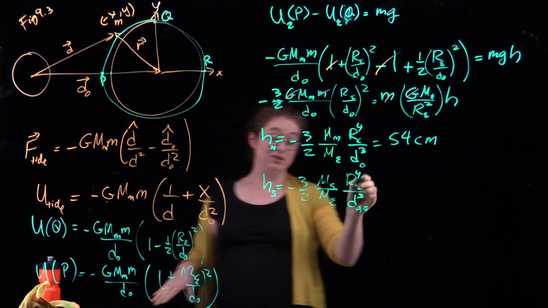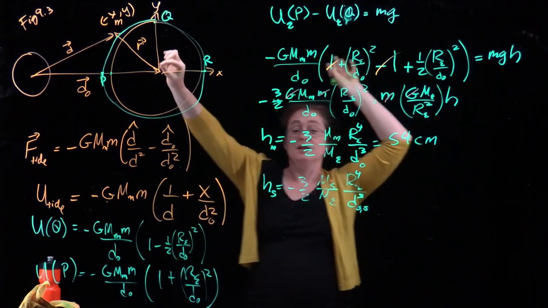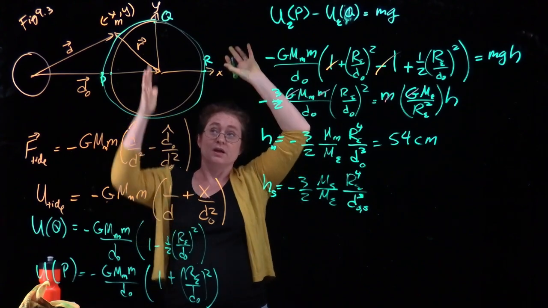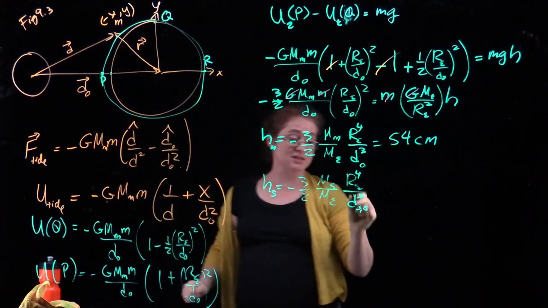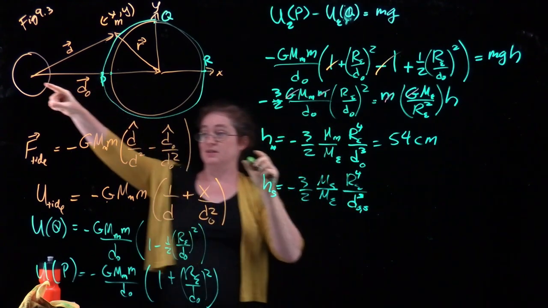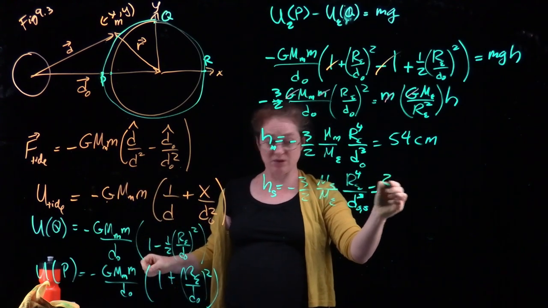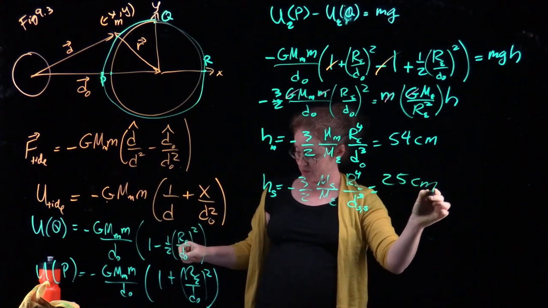The radius of the Earth came from how far you are from the center of the Earth. You're looking at the difference in the net force on the surface of the Earth. So this stays the same, but this changes because this is now the Sun-Earth distance, and this works out to be 25 centimeters.